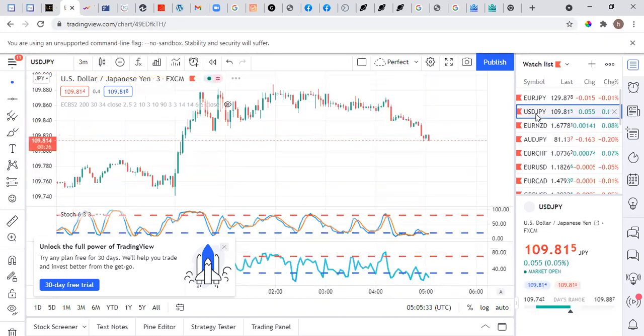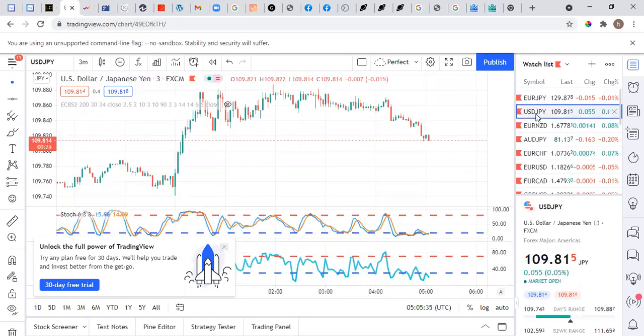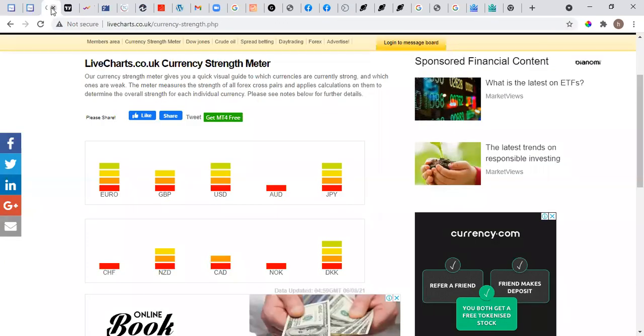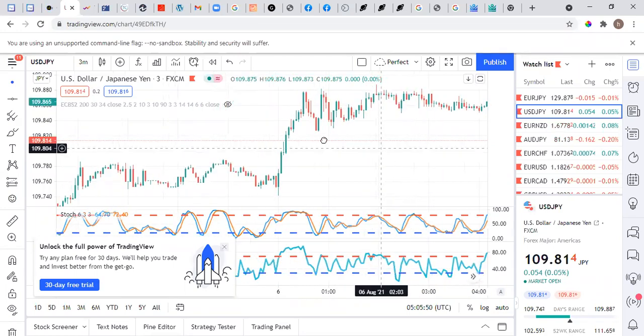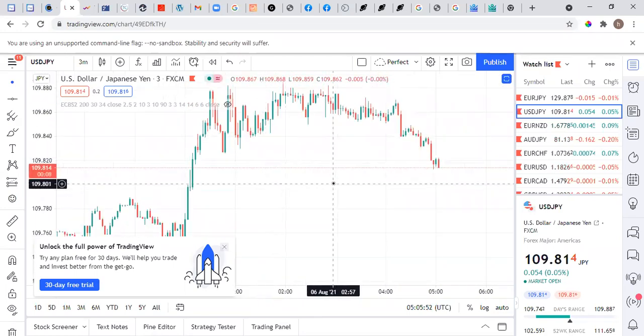Let me check the USD. It's like USD has lost strength now, and it now has equal strength with JPY. So let's discard that.